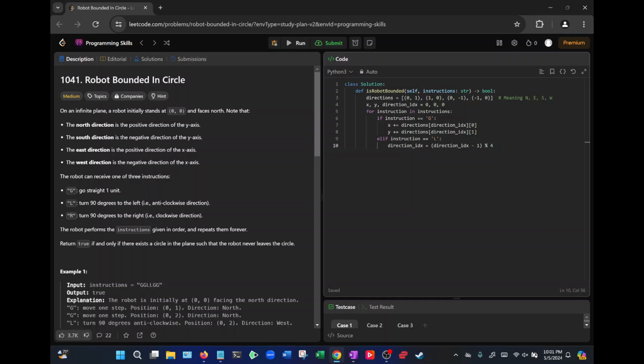But if we're at 0 and we subtract 1, then we're going to end up at -1, and the remainder after division by 4 is going to end you back up at 3. So this basically allows us to do modular arithmetic, and that works.